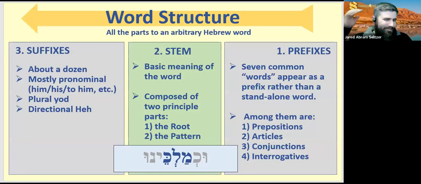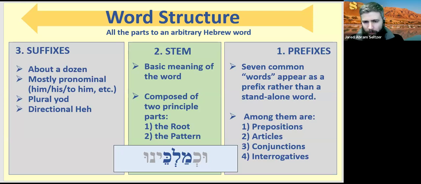Okay, now, if we see an arbitrary Hebrew word, you're reading through the Bible, boom, here's a Hebrew word. What you'll find is that the stem, I'll call it the stem, which carries the key meaning of the word, could have some prefixes and suffixes on it, which are attachable.